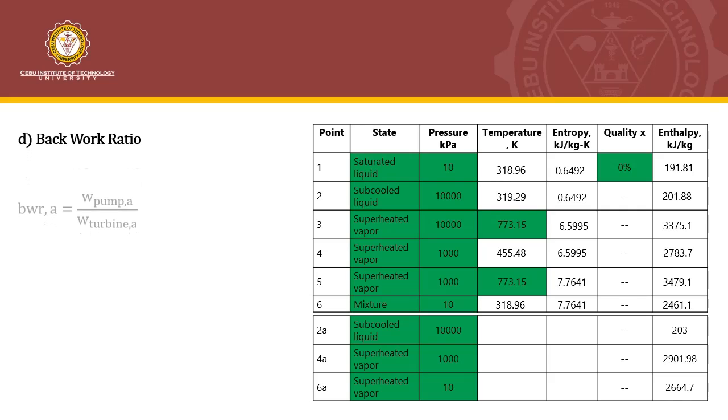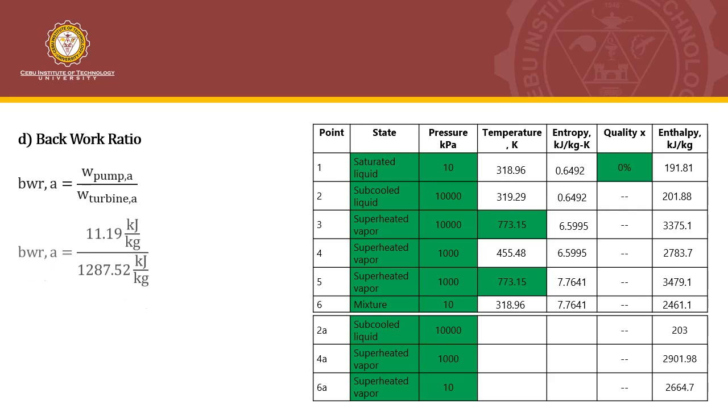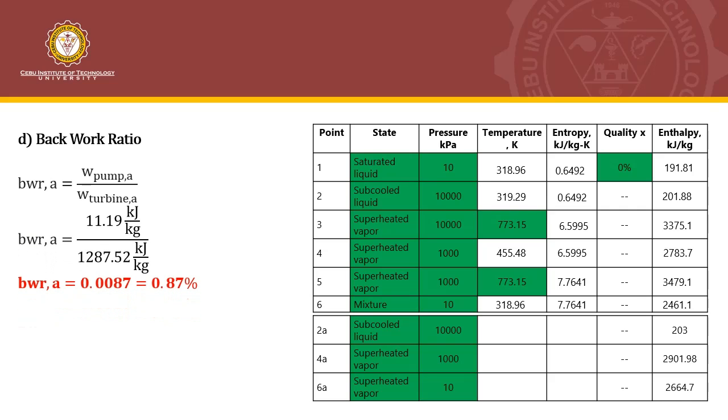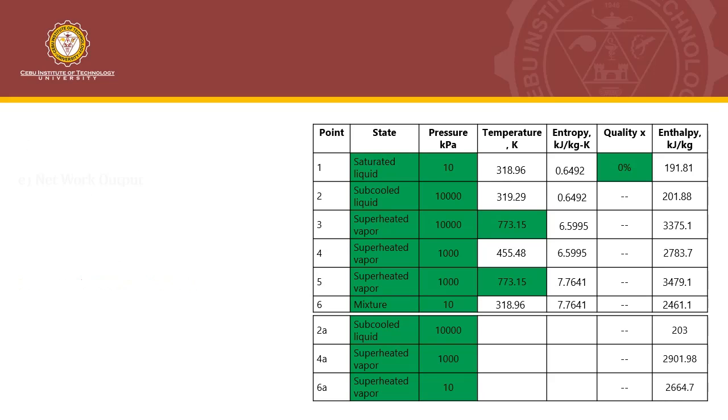For the back work ratio, we just plug in the value of the actual work input in the pump as well as the actual output work of the turbine. So we can get the back work ratio as 0.87%.